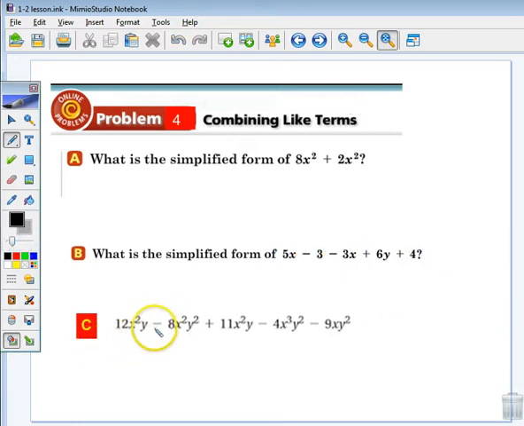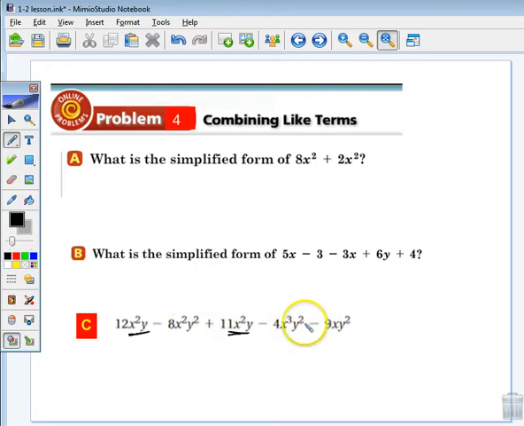Okay, so now for this one, although it does look confusing, we need to look at each term to see which one we can actually combine so we can make this look less confusing. So here we have 12x squared y and 11x squared y. So those two can be combined. Now we have negative 8x squared y squared.